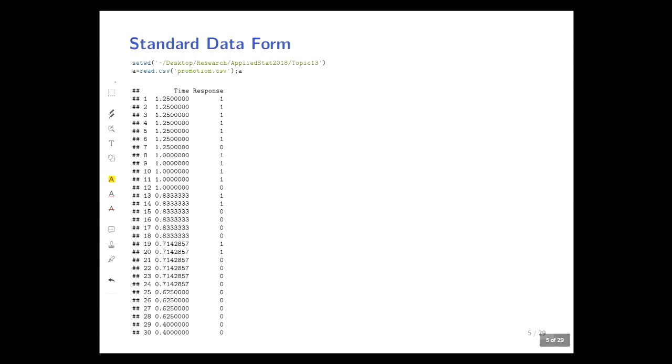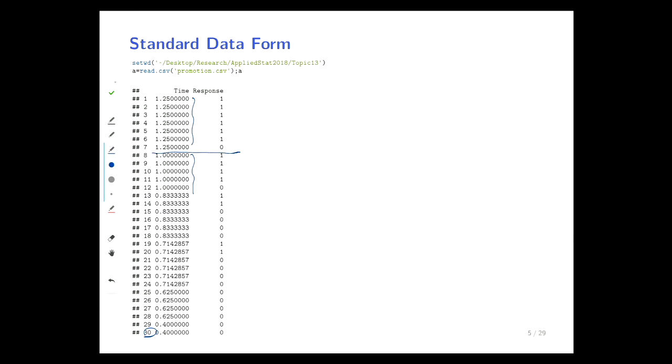And this is our data. We have 30 customers, and we have different times of advertising. For each length of advertising, we have our response.